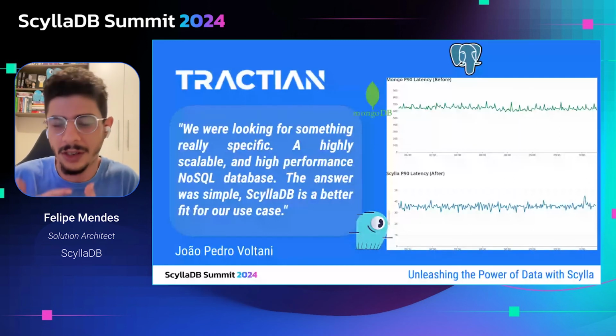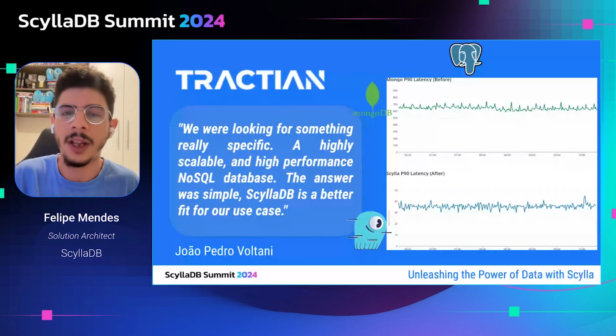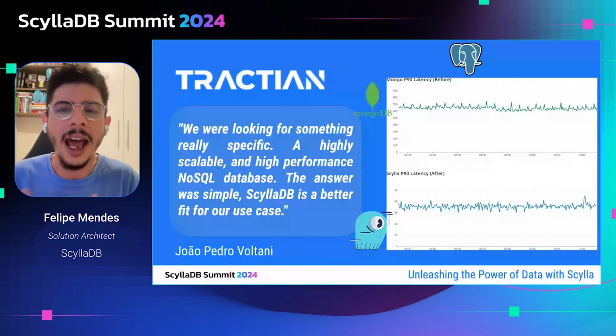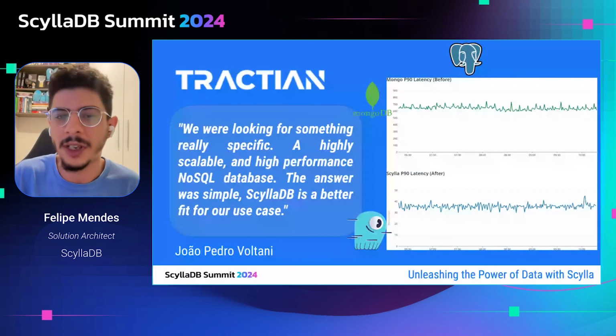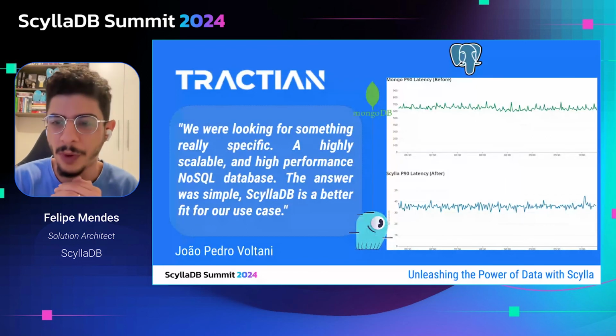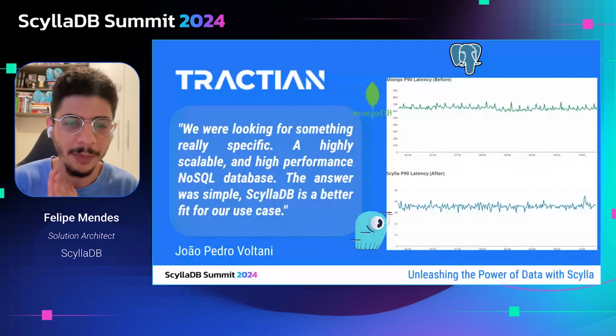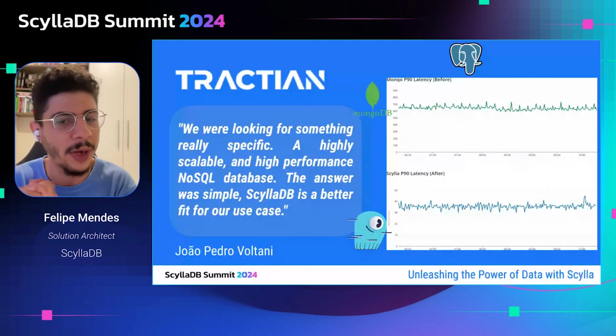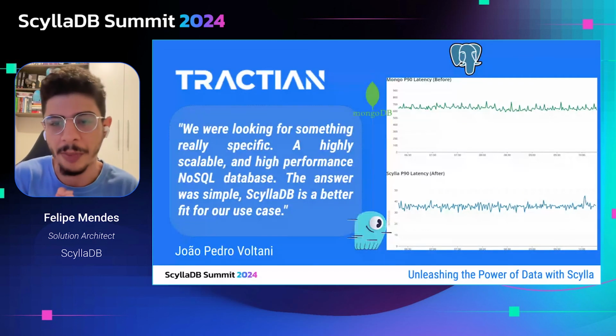Traction's story teaches us an important lesson. They knew that they needed a highly scalable and highly performant NoSQL database, which alludes back to what we spoke about during the beginning of this presentation. I have personally worked very closely with Traction during their adoption and implementation of ScyllaDB.